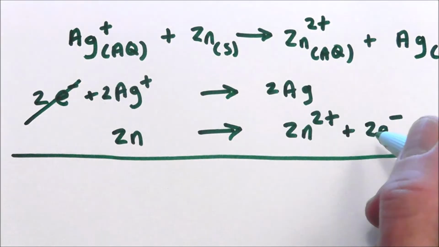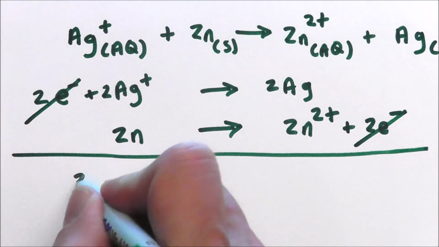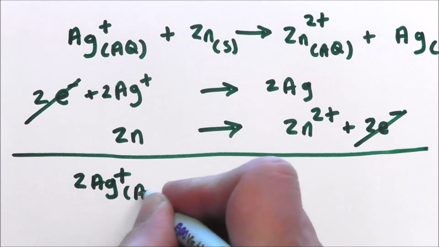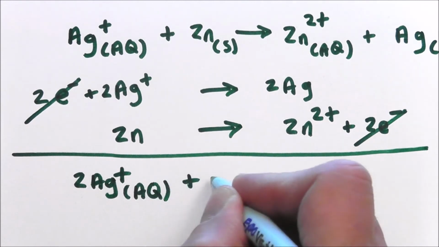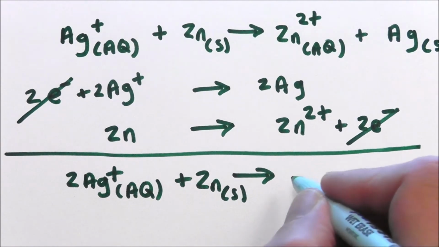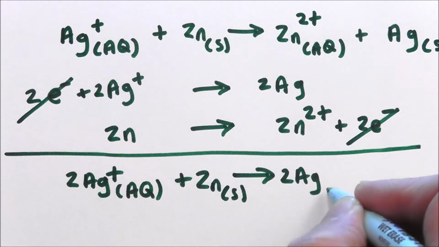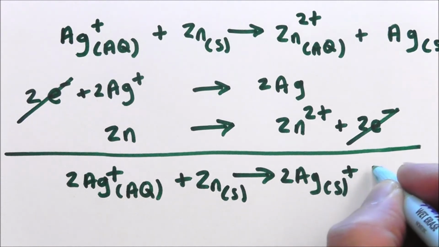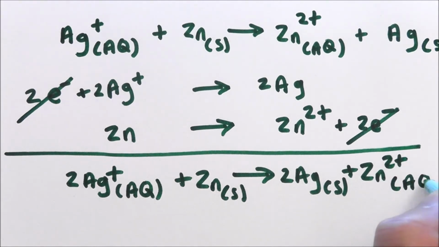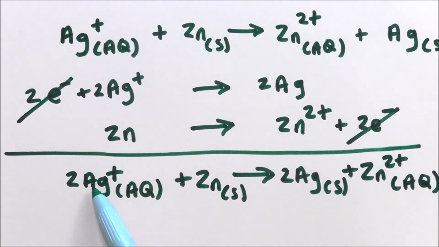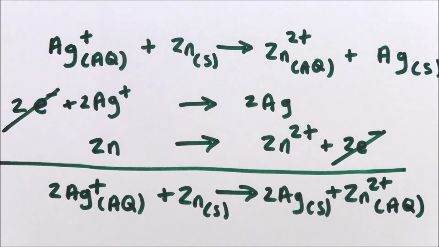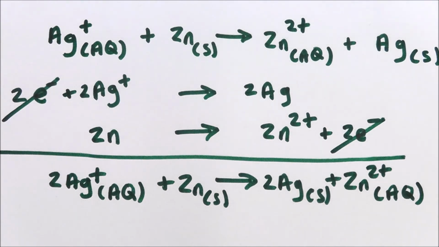These electrons will cancel, and it will be 2Ag+ aqueous plus zinc solid goes to make 2Ag solid plus Zn2+. Now, both sides of the arrow have a positive 2 charge, and that is a balanced equation.